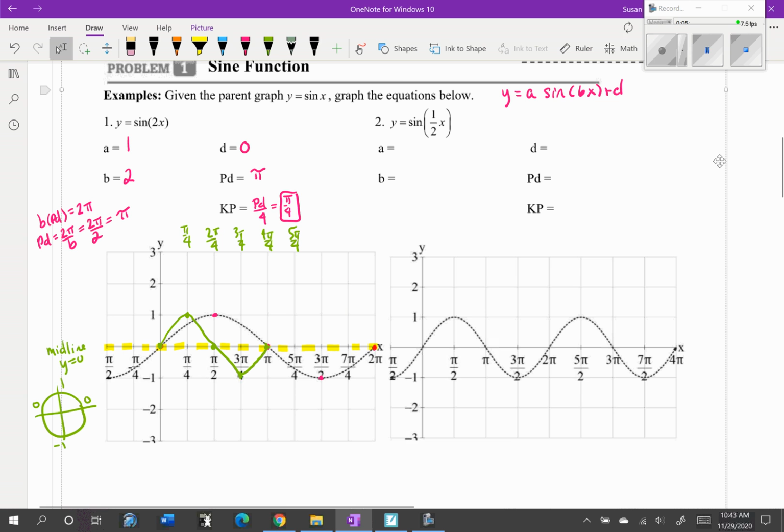So for this, you can see that from 0 to 2 pi, there are b cycles, so 2 cycles, because if I were to keep going, that was 1 cycle.